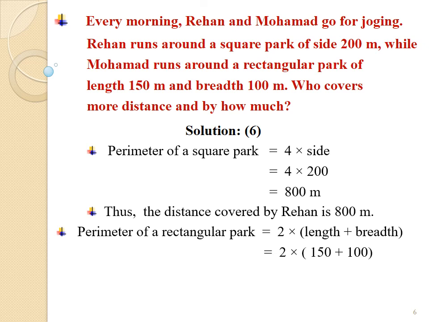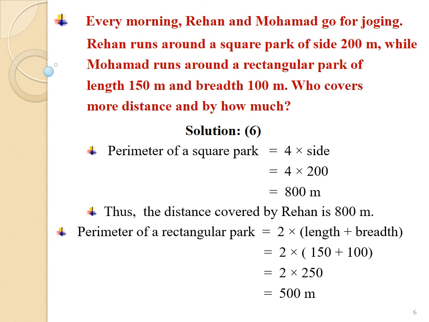Now solving the bracket and keeping 2 as it is, we get 2 into 250. Now multiplying 250 by 2, we get 500. Thus, the distance covered by Muhammad is 500 meters.